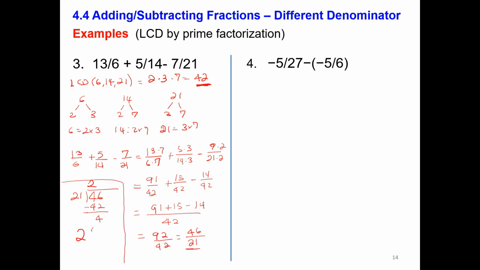The remainder is the numerator, and the divisor is the denominator. Then this equals 2 and 4 over 21. Yes, this is another way we can write the same answer.